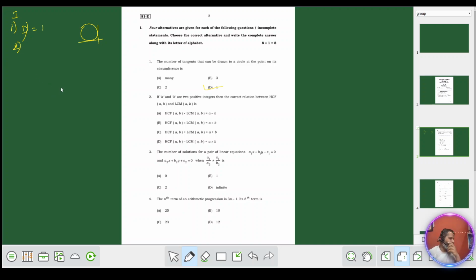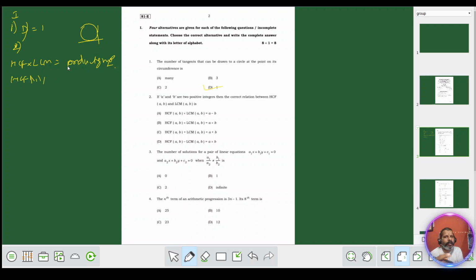Then, if A and B are two positive integers, then the correct relation between HCF and LCM. You know HCF and LCM is equal to the product of numbers. Since A and B are the numbers, don't get confused.